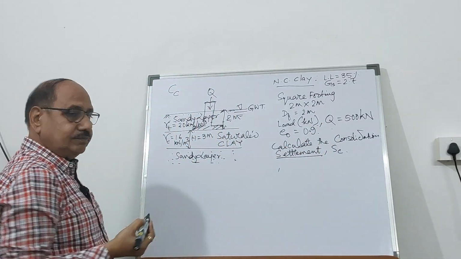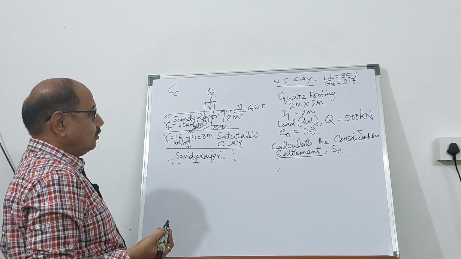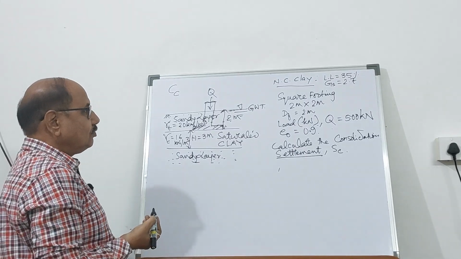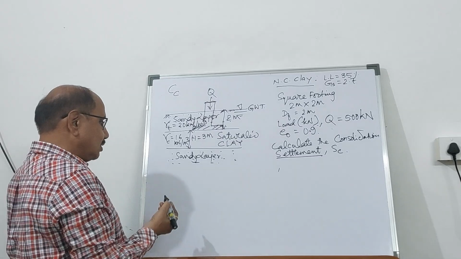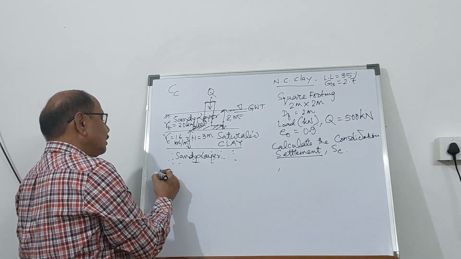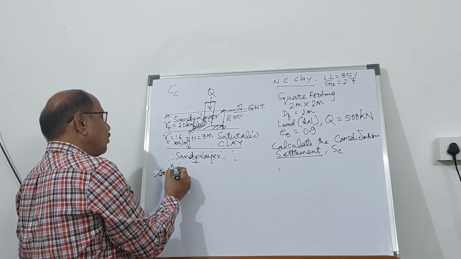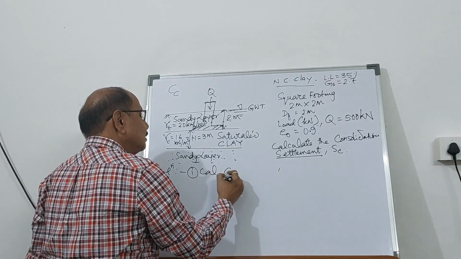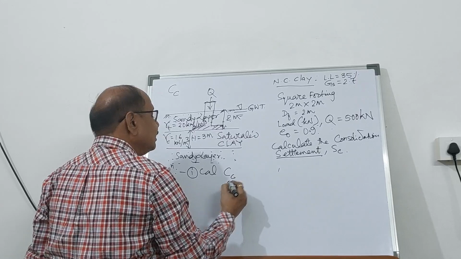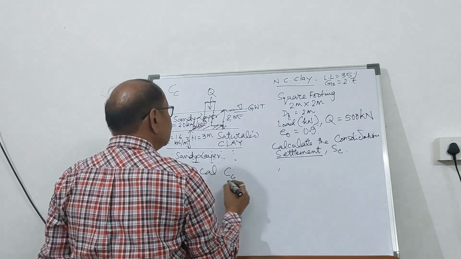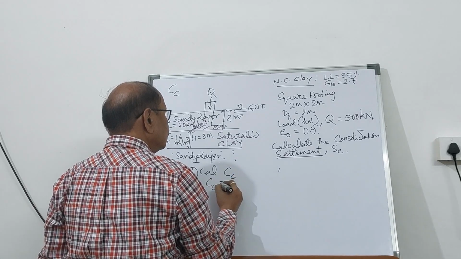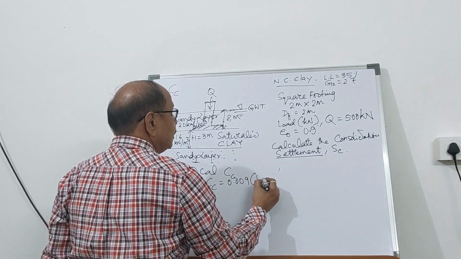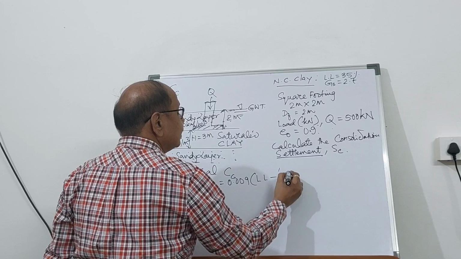So this problem, how to address it? With the knowledge that we have gained so far, we know the compression index. So first of all, calculate compression index Cc, and you know Cc equal to 0.009 times liquid limit minus 10.